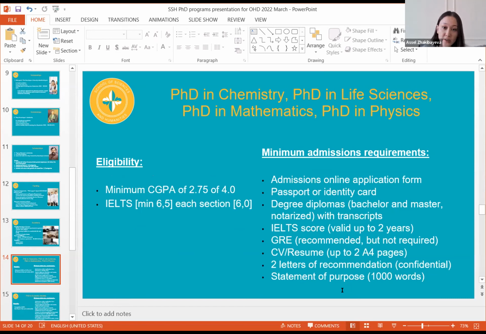We require both diplomas, for the bachelor's and master's degrees, or their equivalent. If a degree diploma was earned outside Kazakhstan and is not in English, these documents should be translated, with the transcripts, and notarized.